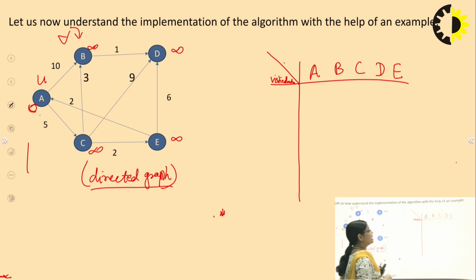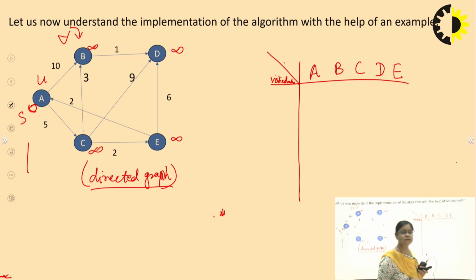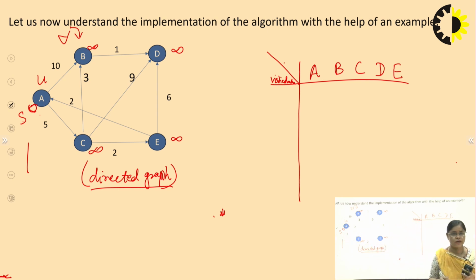According to the Dijkstra problem, A is 0, this is our source vertex. We can take any vertex, but here I am taking A as our source vertex.